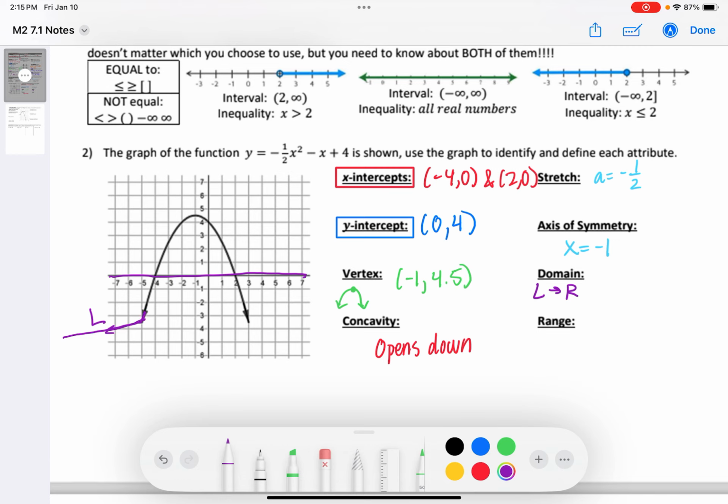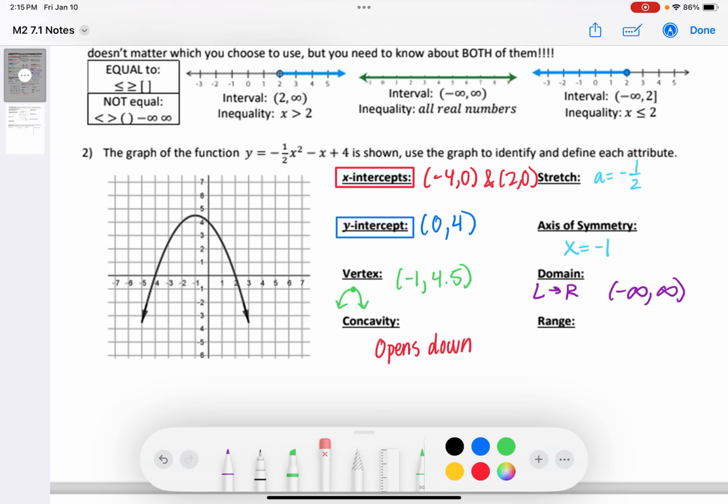So that means it starts from -infinity, and then I continue along, and it goes on and on and on forever to all my positive x values. So the domain of this guy is -infinity to +infinity. That's always going to be your answer for the domain.